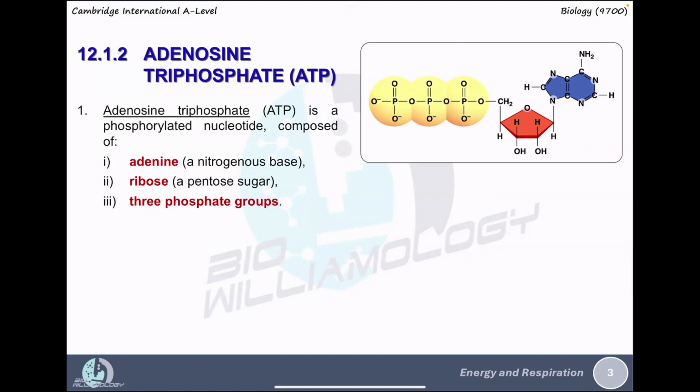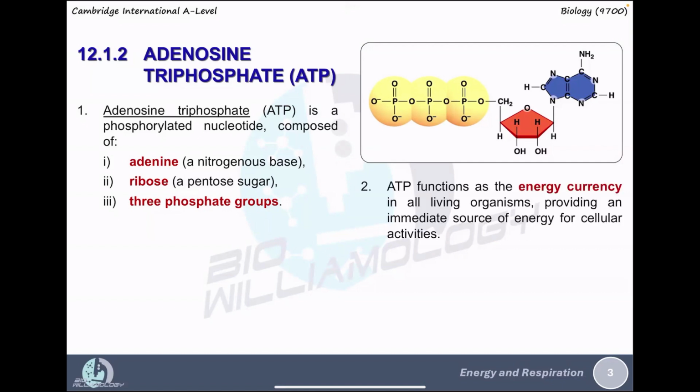The diagram shows us a complete structure of a molecule of ATP. Please bear in mind that ATP is not a form of energy, but ATP serves as the energy currency in all living organisms, providing an immediate source of energy for cellular activities.